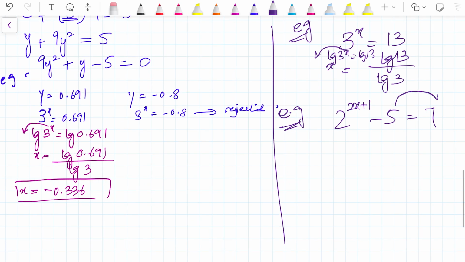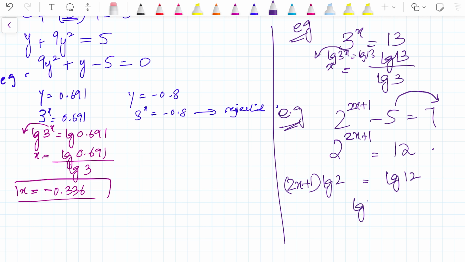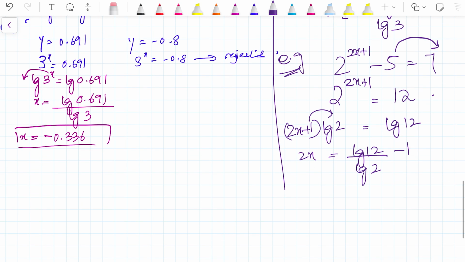Take this minus 5 to the other side, it becomes a plus 5, meaning it becomes 12. Now apply log on both the sides. The power comes down. So lg 12 divided by lg 2 minus 1, and whatever answer you get, divide the answer by 2 to get the value of x.